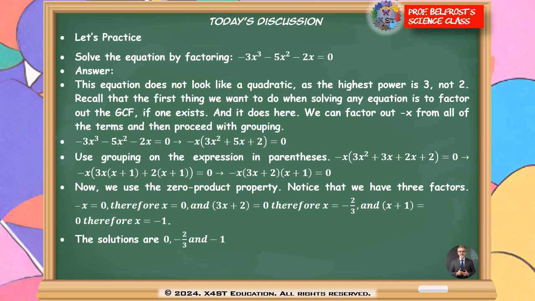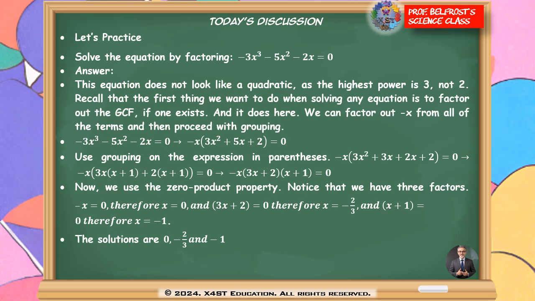Okay, so minus x times (3x squared plus 5x plus 2) equals 0. Minus 1 is just a constant, so we can drop it. x equals 0 must be one of the solutions, and now we need to solve the quadratic equation 3x squared plus 5x plus 2. So by using the previous method, ac equals 6, b equals 5. So what pair makes the sum 5, while the product makes 6?